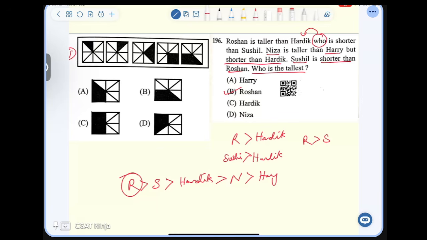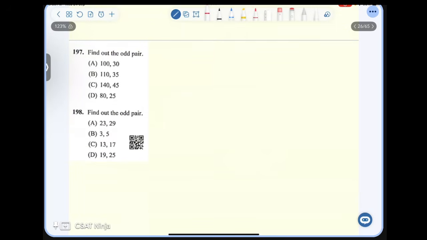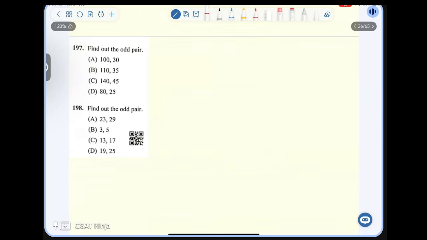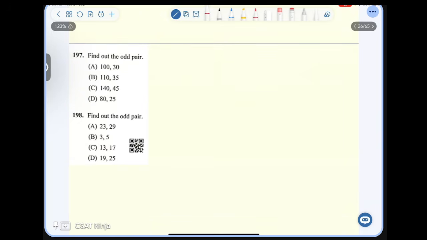Now, find the odd pair out. Let's try to find the odd pair. 130, 110, 135, 140, 145, 180, 25.